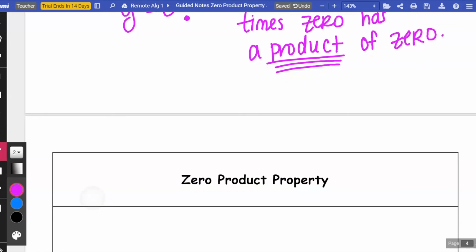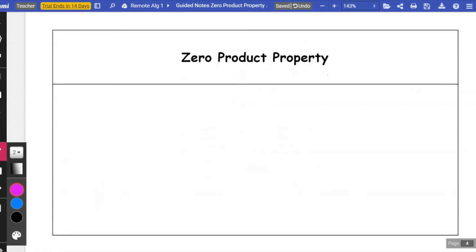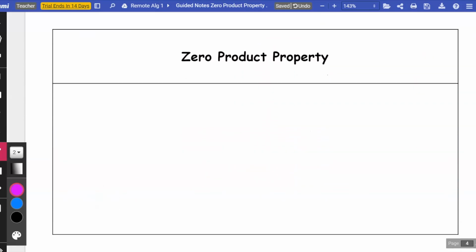All right, so that brings us to the zero product property. You actually just discovered the zero product property by going through this lesson with me. We kind of just stumbled upon it. If y is equal to a times b, and if either a or b are 0, then y will equal 0.